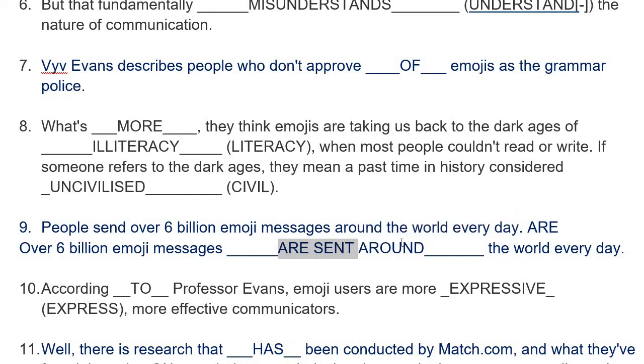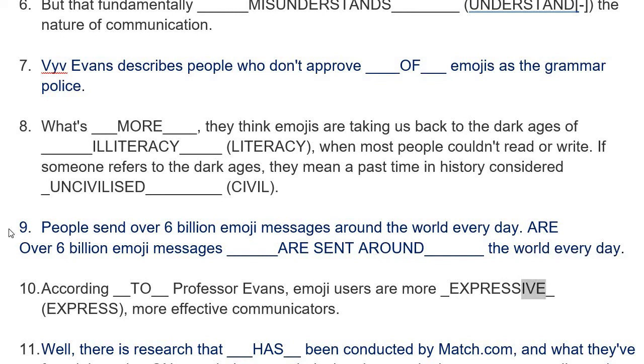So I send around the world. According to is a typical one, according to someone, when you quote, citas a otra persona, so according to. Expressive, from express, expressive, there are words like destructive, impressive, which also use this ending.